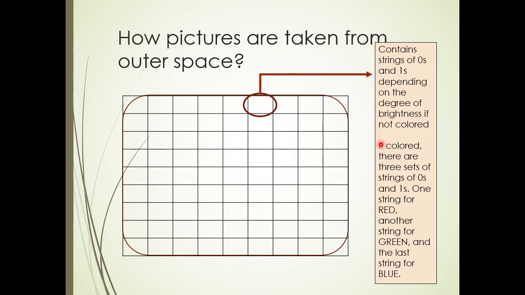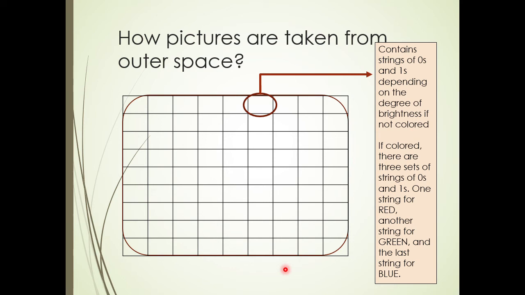But if the picture is colored, then we have three sets of strings of zeros and ones. One string goes to the varying degree of brightness for red, another string goes to green, and the last string of zeros and ones goes to blue.